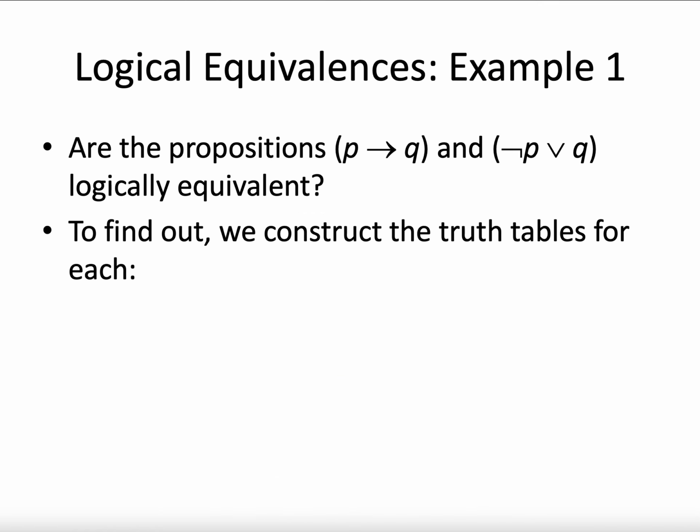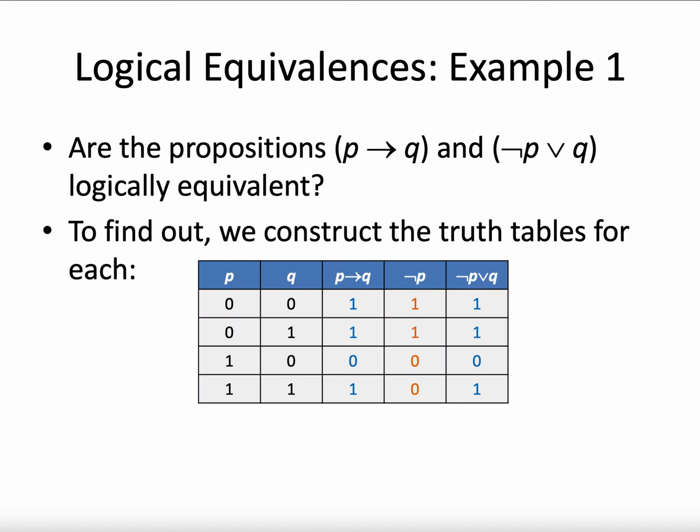So for example, let's see if those specific logical propositions are true. So I already have it filled out. What you're trying to prove is if P implies Q and negative P or Q are logically equivalent. So if you look at P implies Q, you have this is true, this is true, this is not true because P is true but Q is not, and then this is true because both of them are true.